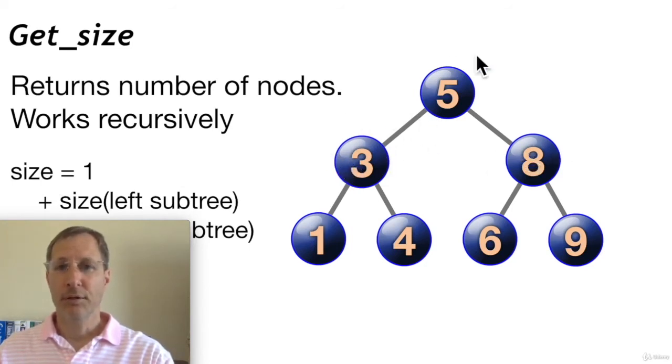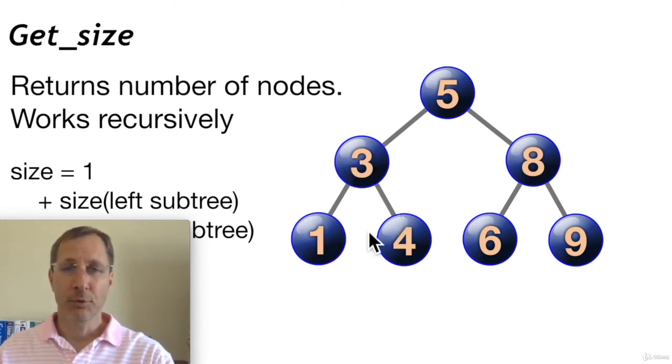In other words, the size of this tree is equal to, well, the 5 node is 1, plus the left subtree is the subtree starting with 3, and the right subtree is the subtree starting with 8. So we say the size of this tree is 1 plus the size of these two subtrees. And then we'd call the same getSize function on 3's left and right subtrees.